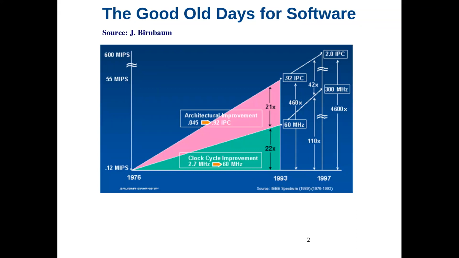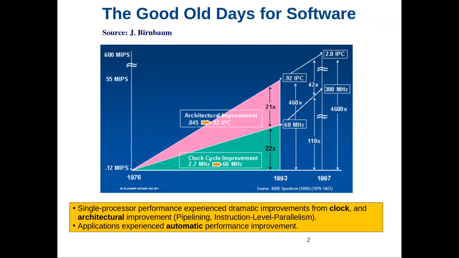And this way, the programmers were able to achieve better performance for their codes without modifying the program. Right? And this continued for several years, early 2000 time frame, or maybe late 90s, I should say. Right? So this automatic performance improvement is the one that we were able to achieve earlier.